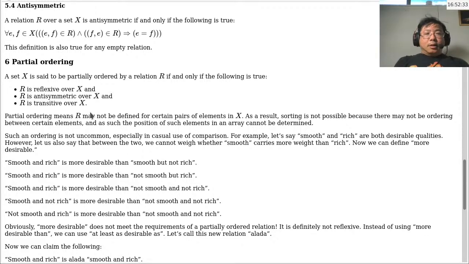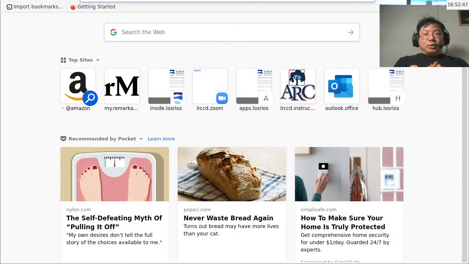So what is partial ordering? The example that I give here comes from an Australian beer commercial. For those of you who want to find it, let me give you a link to it.